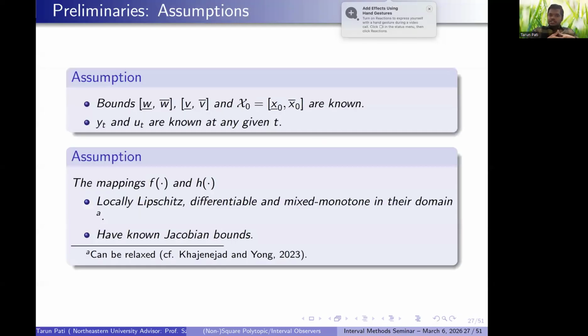So as I've said, the first assumption is that the bounds on noise and disturbance are known, as well as the initial state bounds are known. And we also assume that at any given time t, the output yt as well as ut are known. And also an additional assumption that we make is that the nonlinear mappings f and h are locally Lipschitz differentiable and mixed monotone in their domain, and also have known Jacobian bounds.